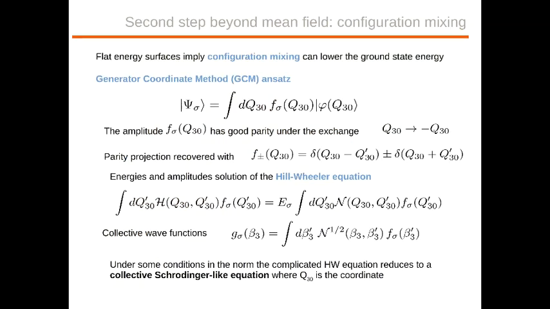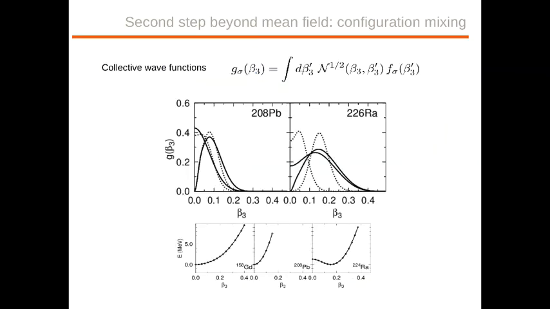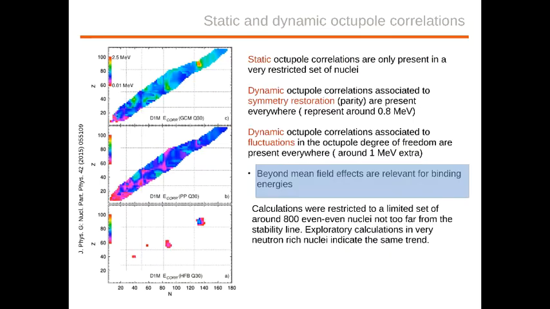So you can generalize this kind of idea of symmetry restoration by incorporating fluctuations in the octupole degree of freedom, but I'm not going into these details.